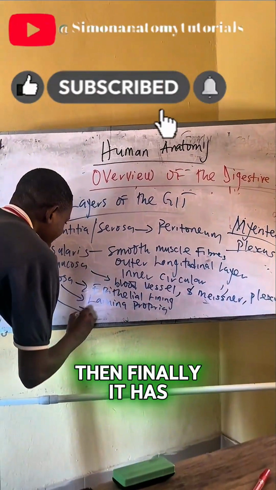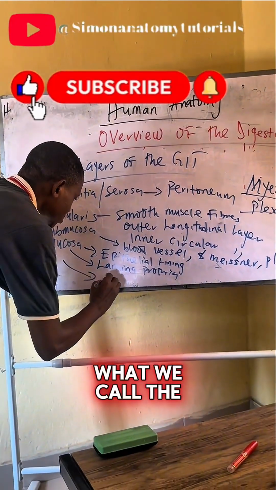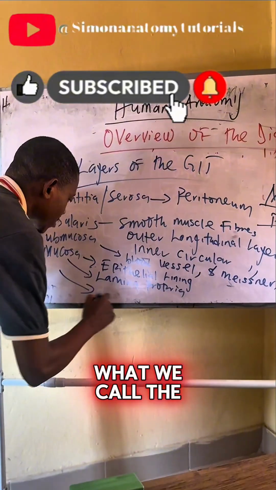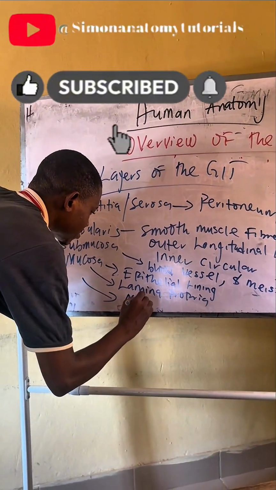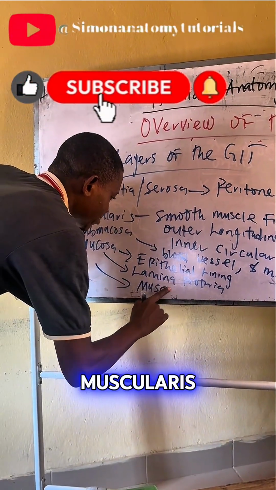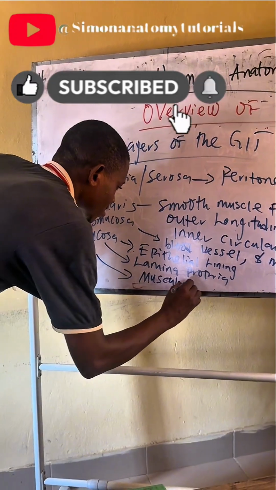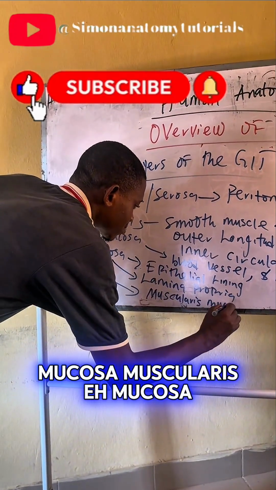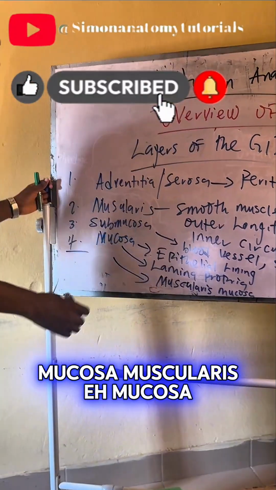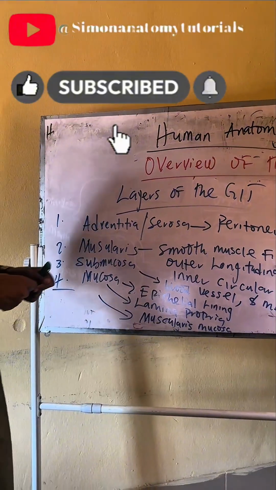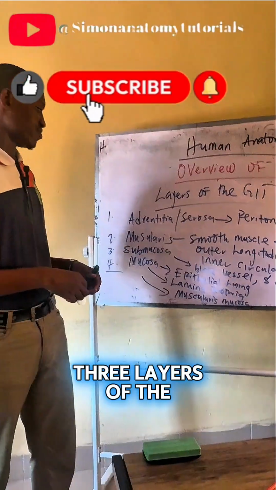Then finally, it has what we call the muscularis mucosa. So these are the 3 layers of the mucosa.